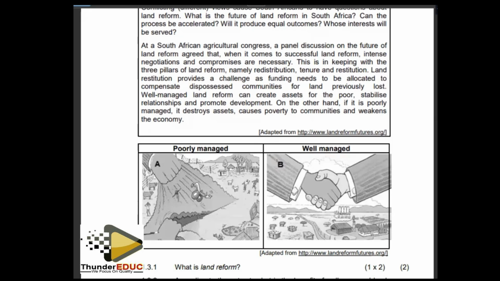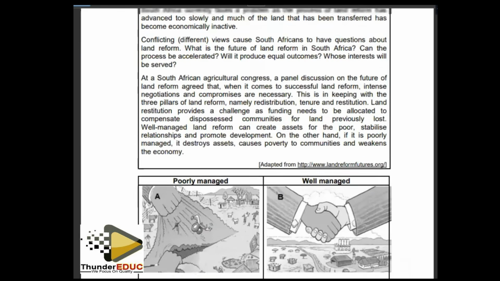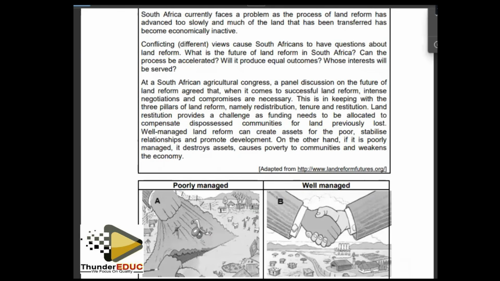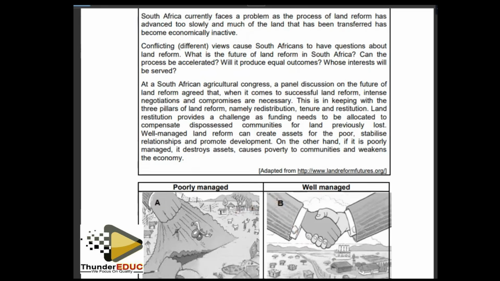First question, what is land reform? Land reform simply means, from the text you might not get it, but from what you learned in your schools, you must be knowing something. So what is it? It is a policy. Land reform is a policy to bring about equitable distribution and access to the land, or to find a way that land is equally distributed.